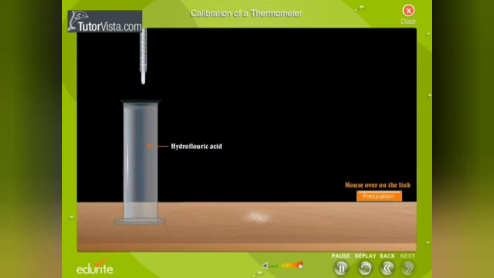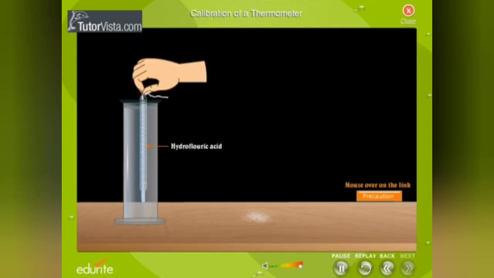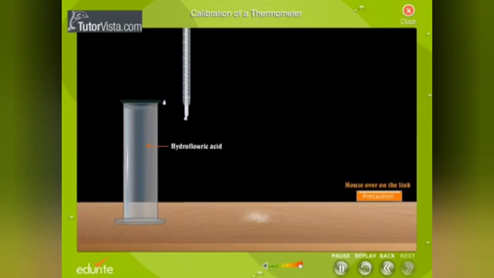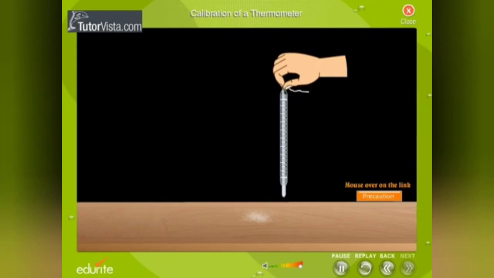The thermometer is dipped in hydrofluoric acid for a few minutes. The acid reacts with the exposed glass surface. However, the part of the thermometer which is wax-coated remains unaffected. The thermometer is removed from the acid and then washed with water.